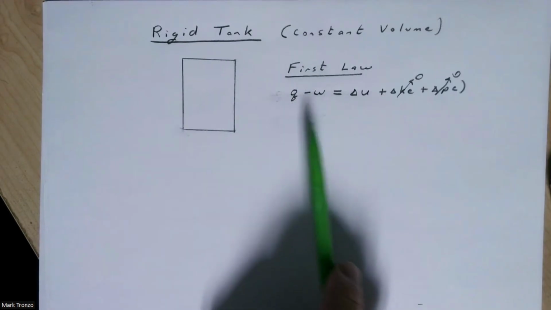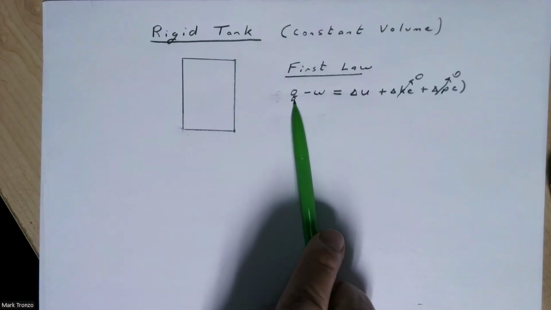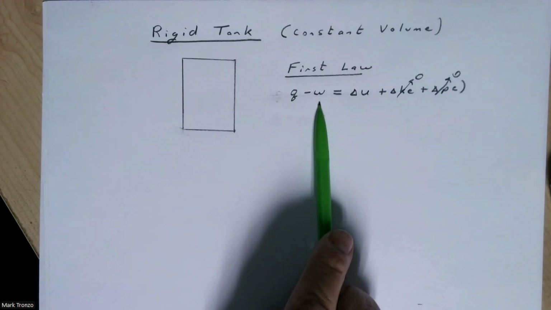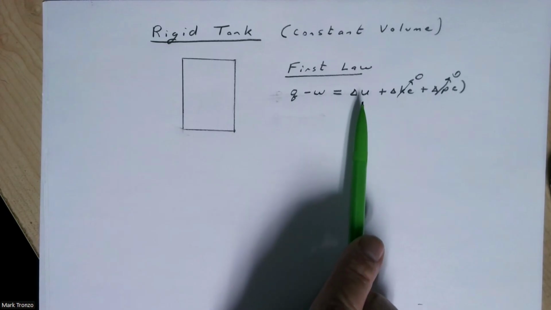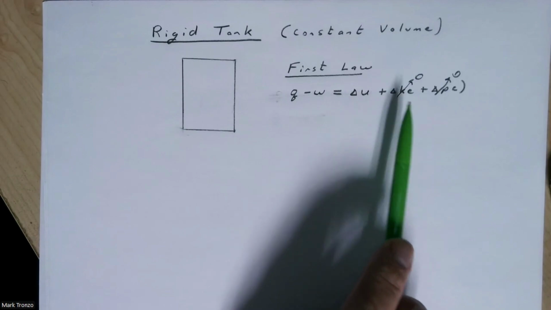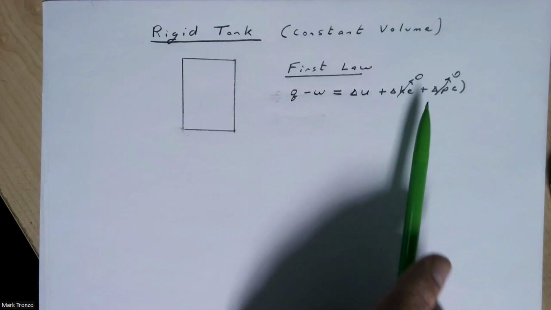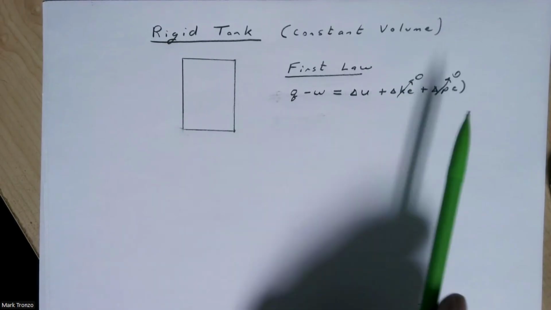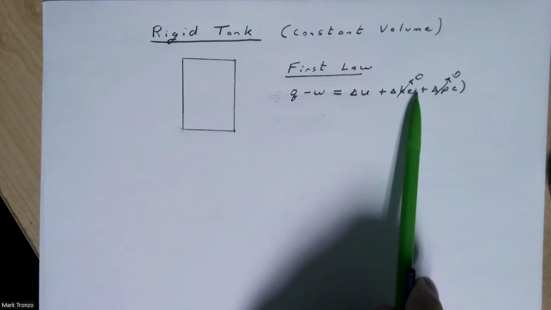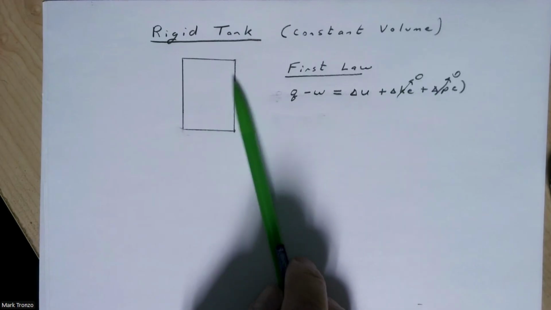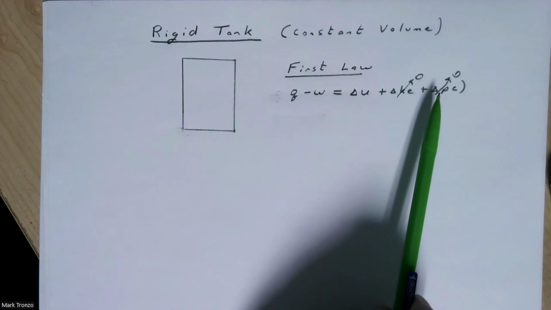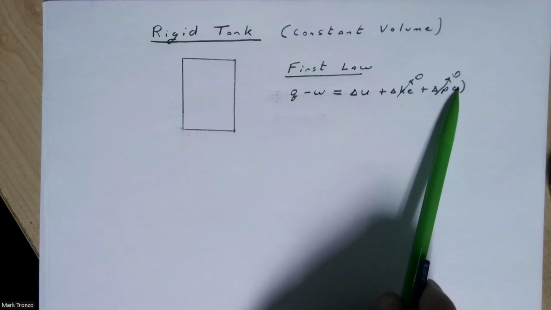And so if we look at our first law, heat transfer minus work done is going to be equal to change in internal energy plus change in kinetic energy, change in potential energy. Again, there's no flow, so there's no change in kinetic energy, and there's going to be no change in elevation, so no change in potential energy, so that's going to go away.